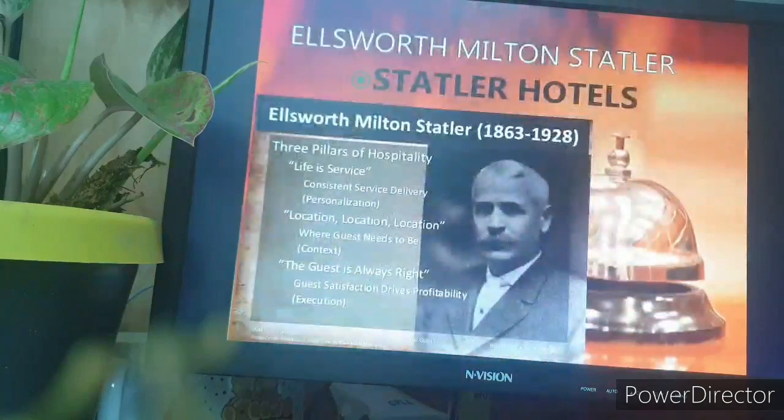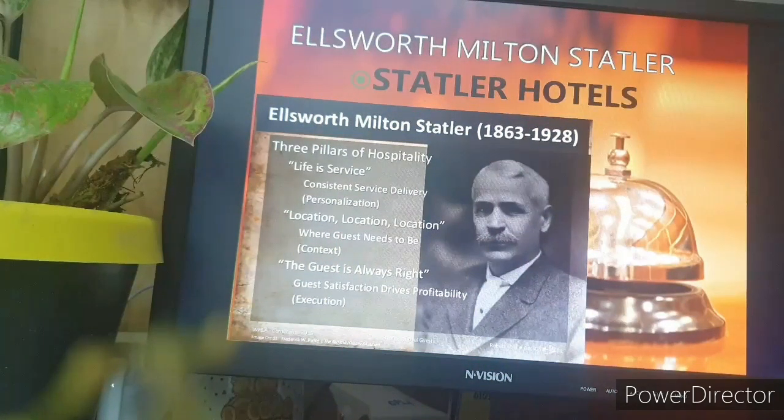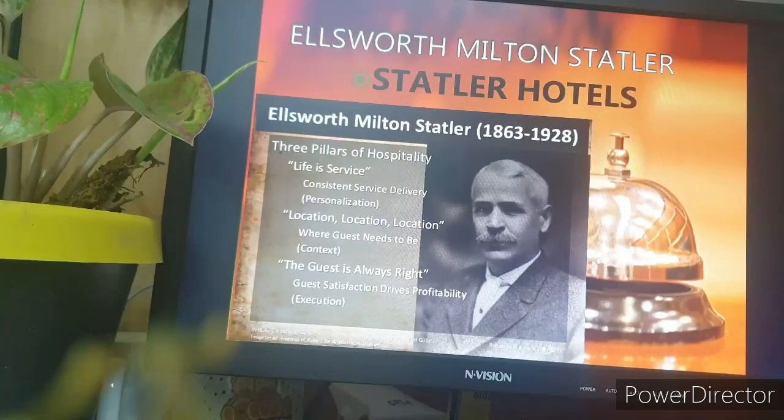Okay, to start with, of course, the one that we discussed, the Buffalo Statler. Of course, we have Ellsworth Milton Statler, the first pioneer, wherein he opened his first hotel in Buffalo, New York. A father of the modern commercial hotel industry.